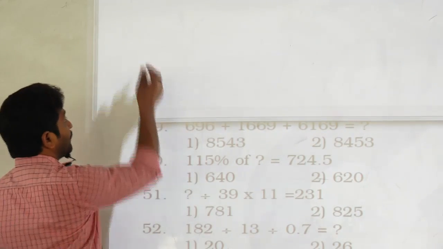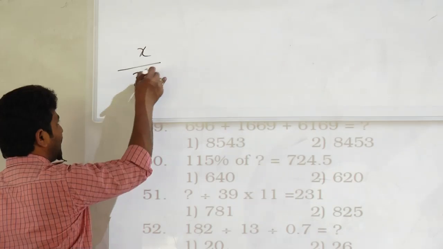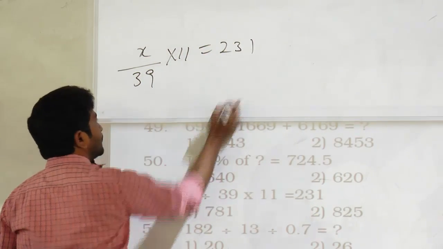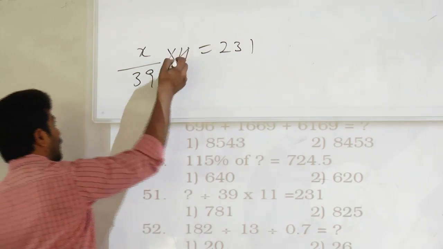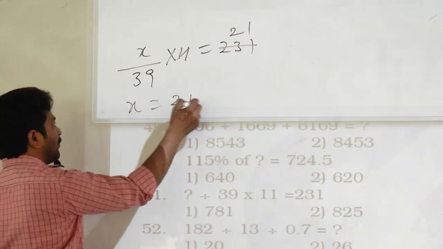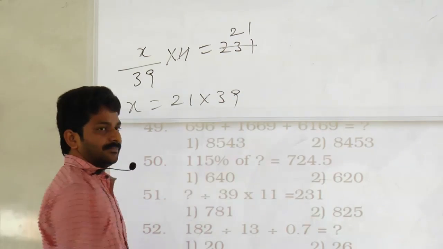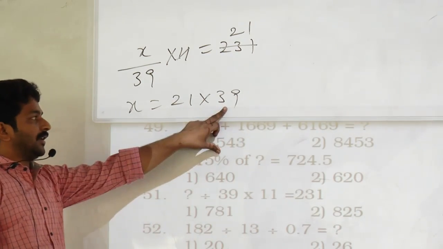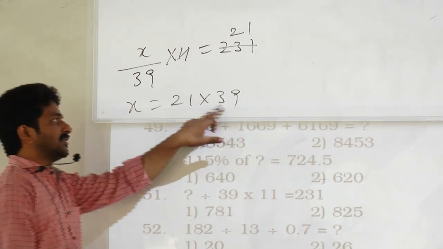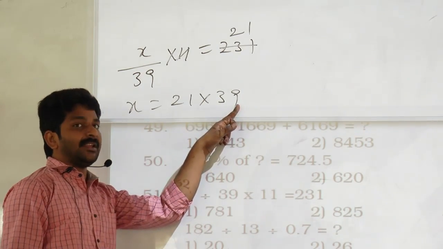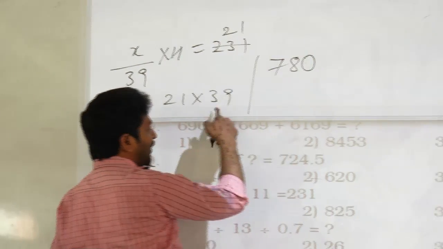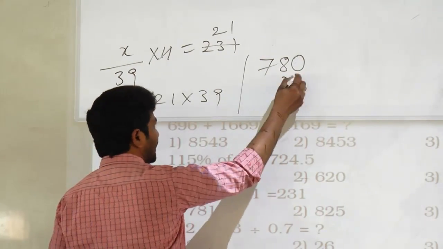Next, 51. X divided by 39 into 11 is equal to 231. 11 how many times? 21 times. X is equal to 21 into 39 only. 39 10 times is 390. 39 20 times is 780, and then plus 1 time is 39.